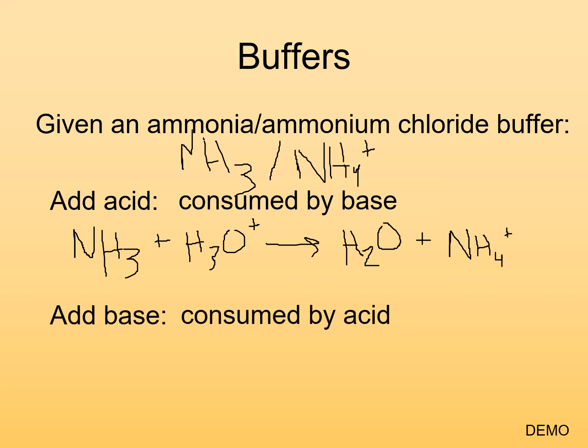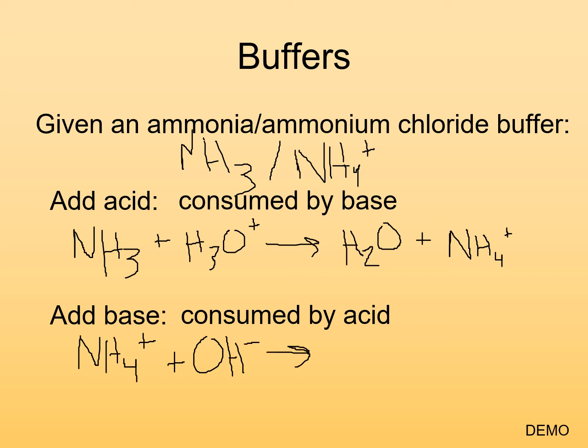Same is true for the flip side. If we add a base to our buffer, it will react and be consumed by the acid. So remember, our acid here is the ammonium ion, the NH4+. That reacts with a base, which we're representing as hydroxide.